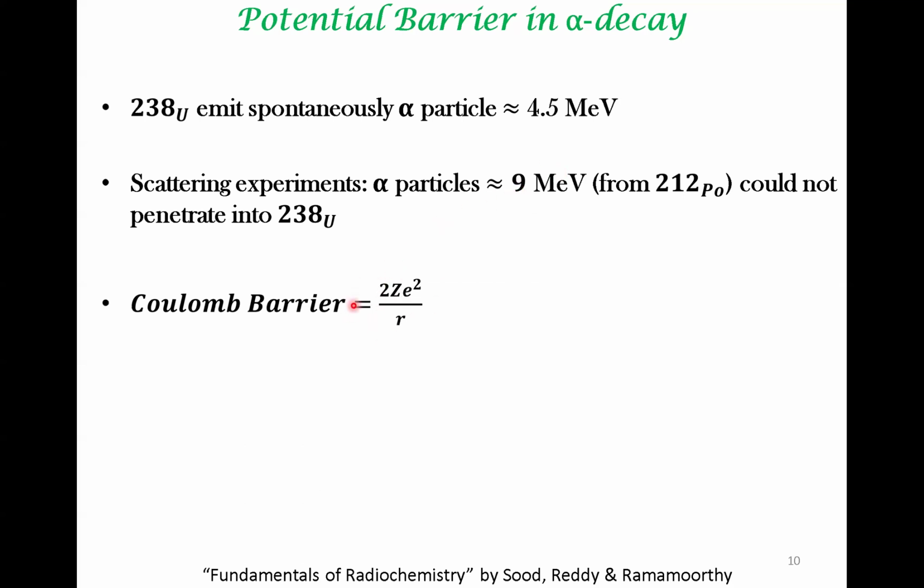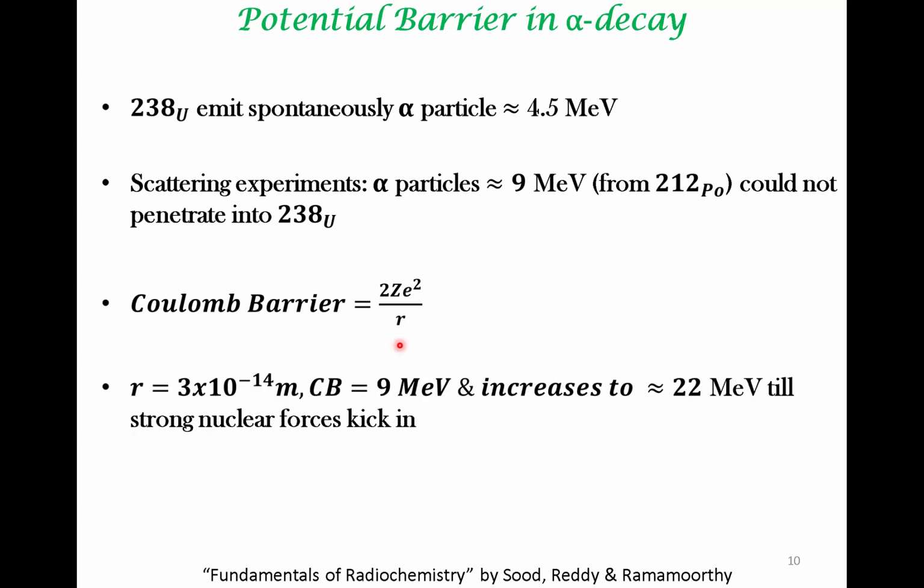That is called a Coulomb barrier. This is just by classical electrostatics, right? So 2 indicates the charge on the incoming alpha particle, and Z indicates the charge on, let's say, the uranium atom. So you may quantify the Coulomb barrier via this formula, just like a classical electrostatic repulsive interaction.